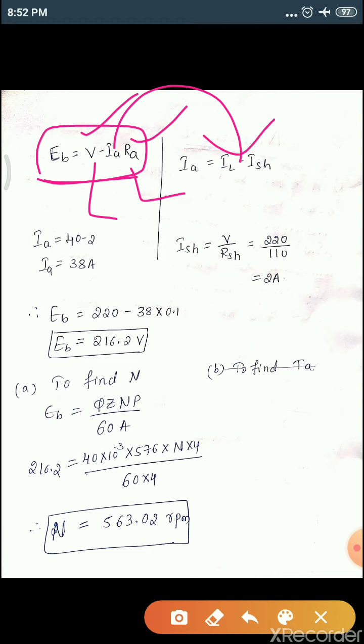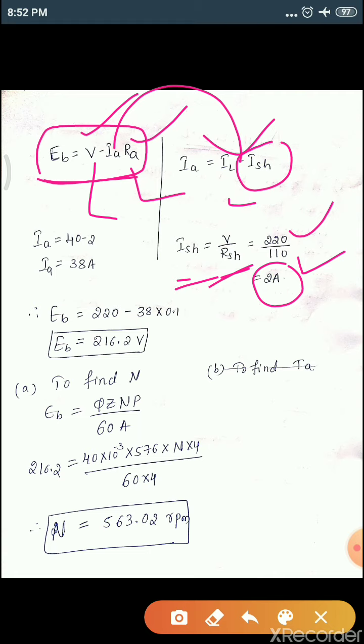IA is nothing but IL minus ISH. IL they have given. Only ISH we need to calculate. ISH will be equal to V divided by RSH. V they have given, and the shunt field resistance 110 they have also given. Do this and you will get 2 amperes.